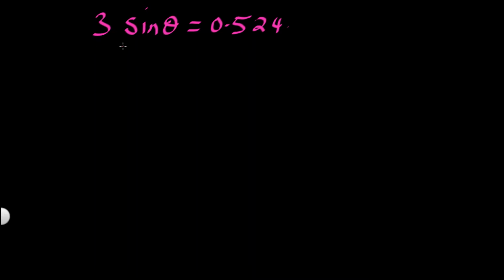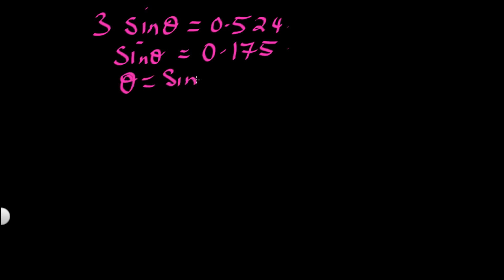If I divide by 3 both sides, I have sine theta equals to 0.524 divided by 3. I'm going to keep to 3 decimal places, 0.175. Now from here, I'm going to use the arc function, which means theta is arc sine of 0.175.